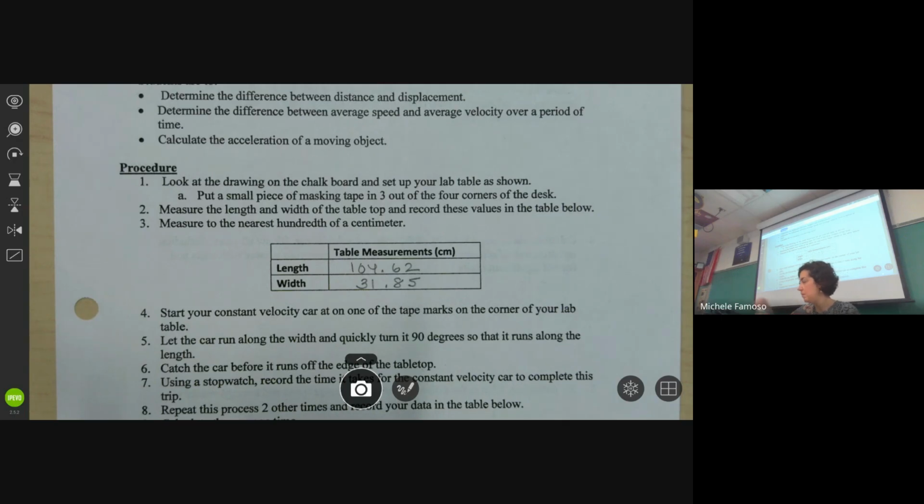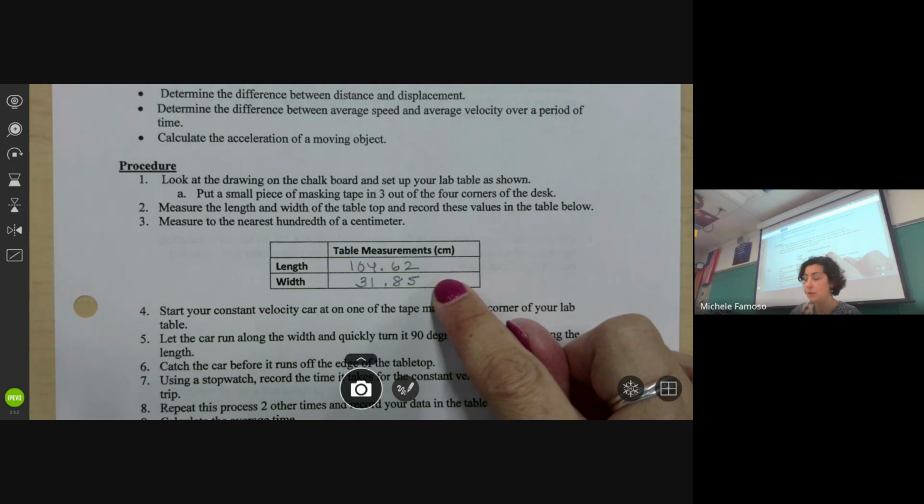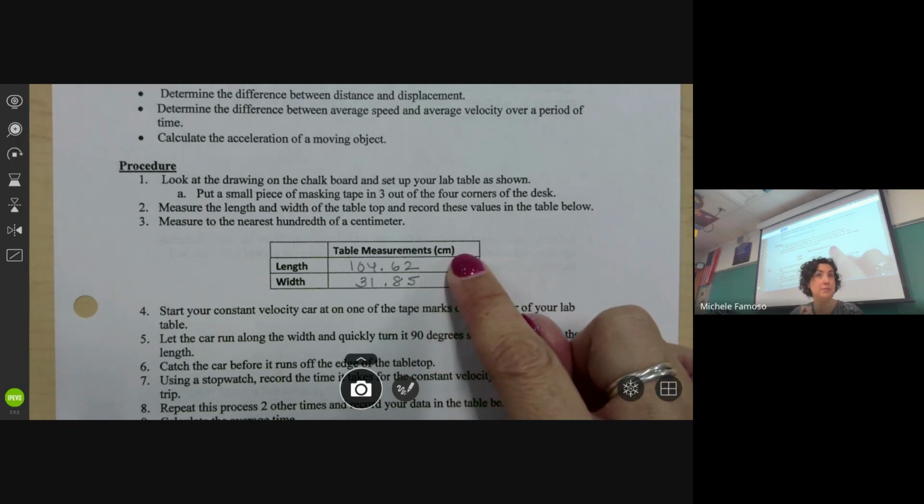So that's minus 10. So if you look up at the screen, you'll see that my measurements have gone to the 100th of a centimeter, as should yours. Right? Out 2 decimal places. That is the 100th of the centimeter.